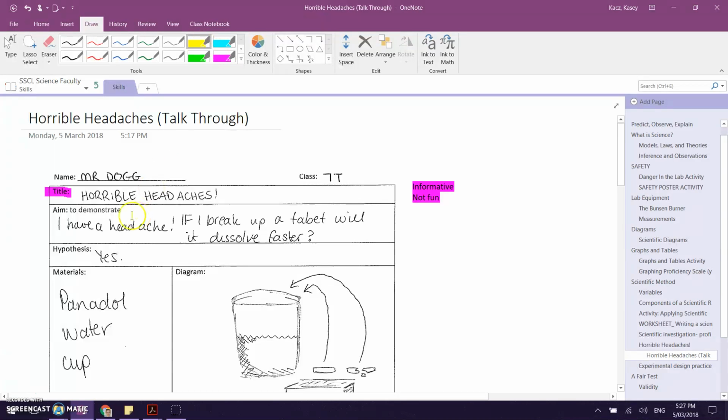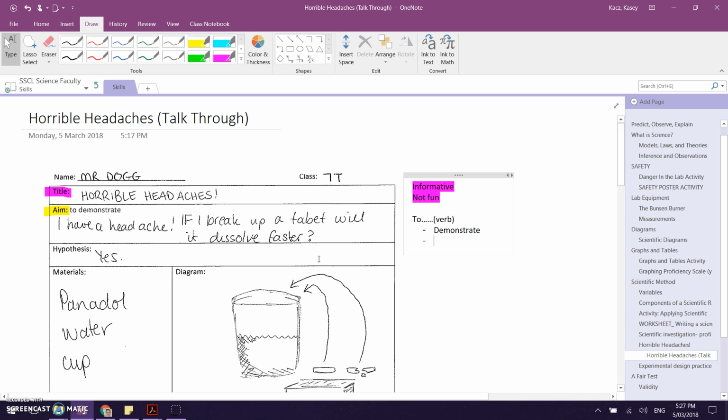Alright, so the aim of a scientific experiment is really designed so that you can let the person reading your scientific report understand what you're trying to do in this experiment. So, scientific aims always start with the word to. And the second word of a scientific report aim is a verb. So, there's an example given to you for what your verb could be, and it's demonstrate.